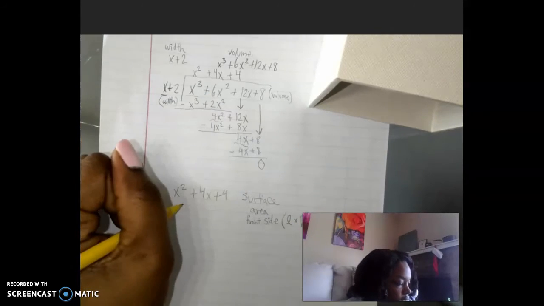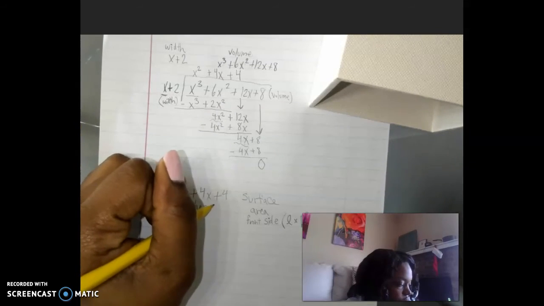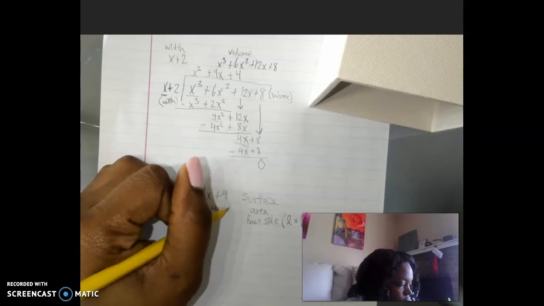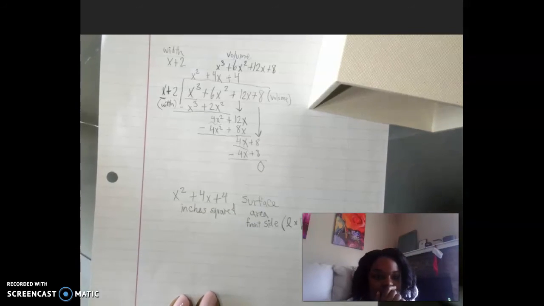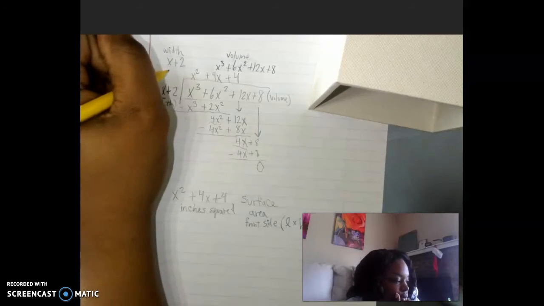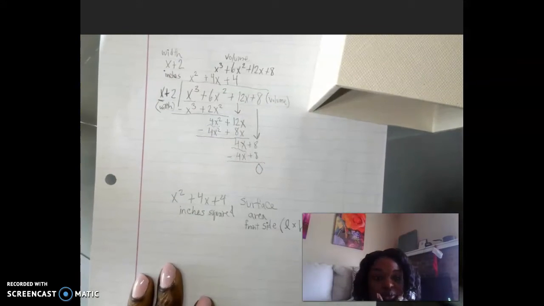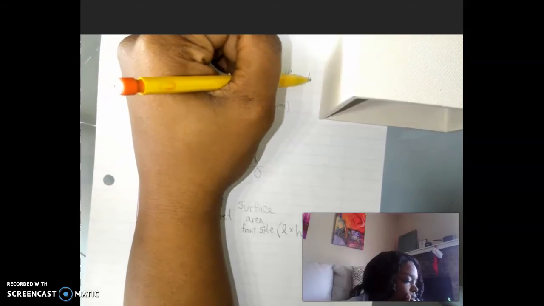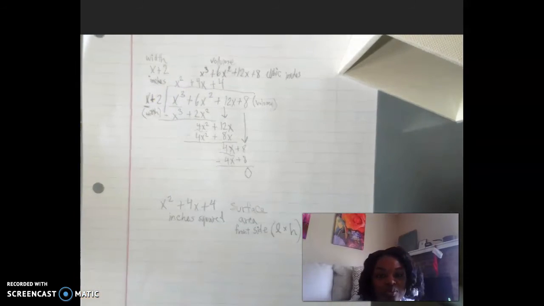So this would be, in terms of the units, if we're looking at inches, my inches squared. So that's assuming that we're looking at inches. So the width would be inches, the volume would be cubic inches, because this is a cubic function with the exponent of 3.